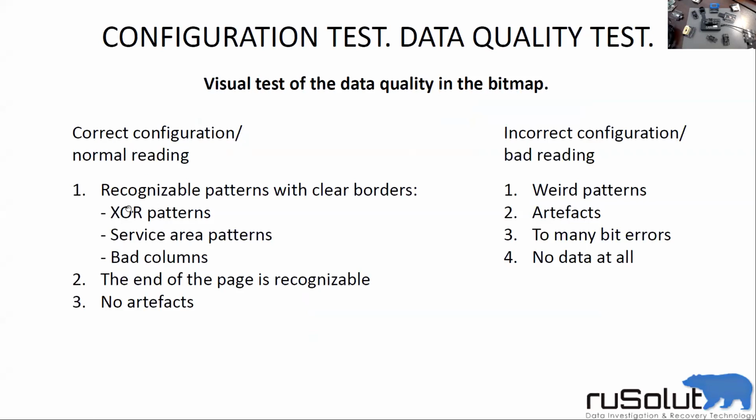First of all, we pay attention to whether we can see recognizable patterns with clear borders inside the dump. So if we can see some XOR patterns or service area patterns, some bad columns, then we understand that it looks like data is good. It looks like data is normal here, and we can proceed with the reading.